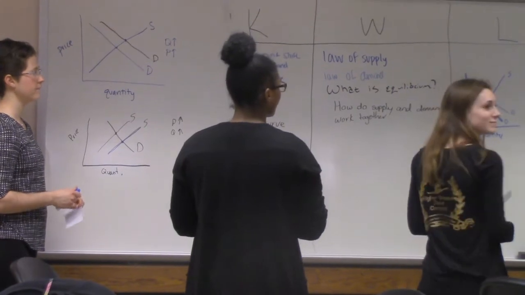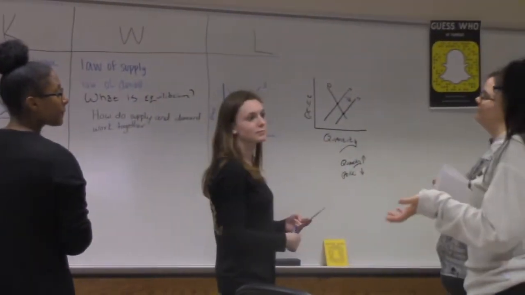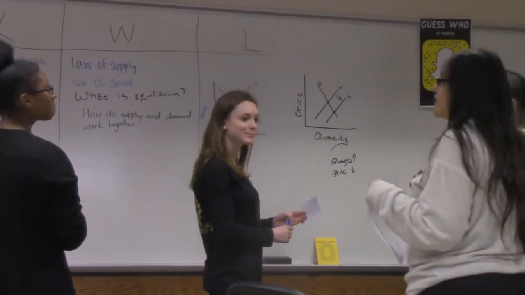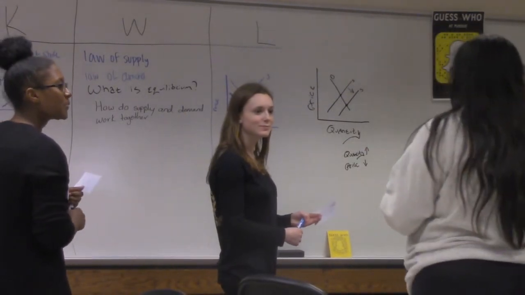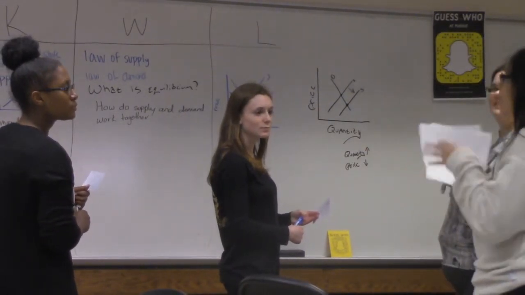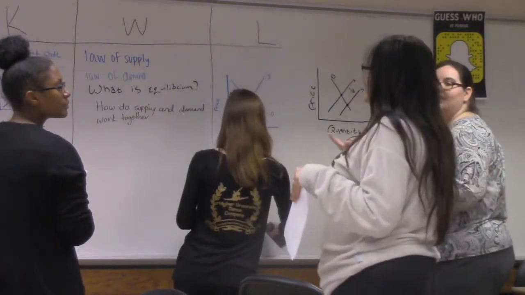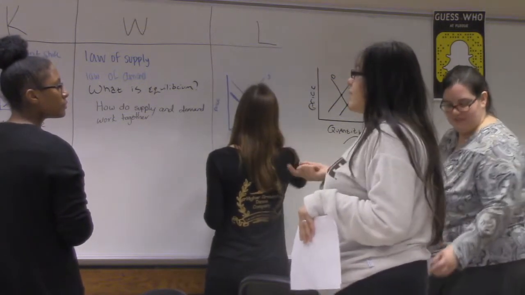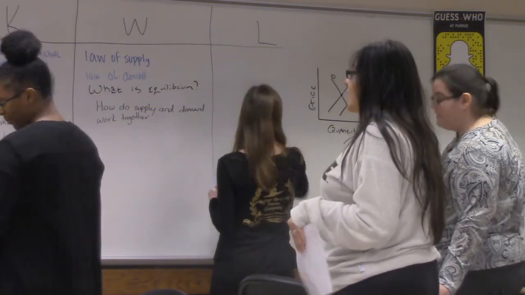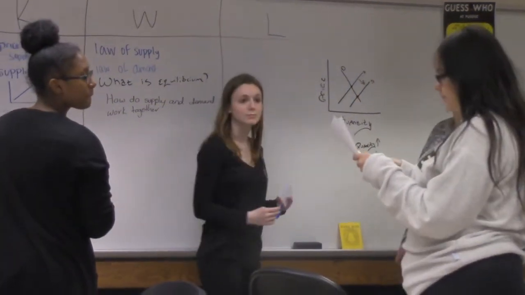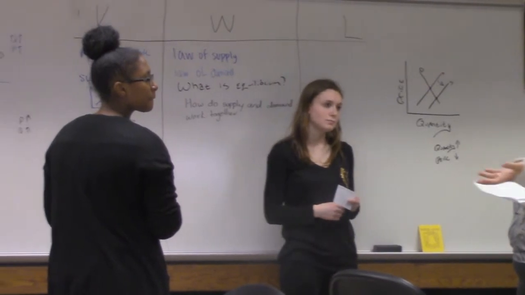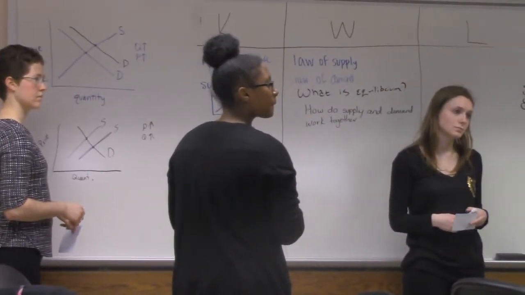Great. So good job. Could you guys now draw shifts of supply and demand and see how they change equilibrium? Awesome. So we're going to quickly do a worksheet that has 2 different acronyms to help you remember the 5 factors that shift supply and 5 factors that shift demand. So if you take the worksheet and fill out what you think each of the acronyms stands for.